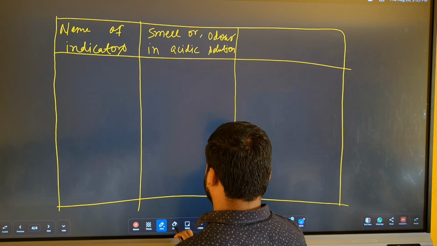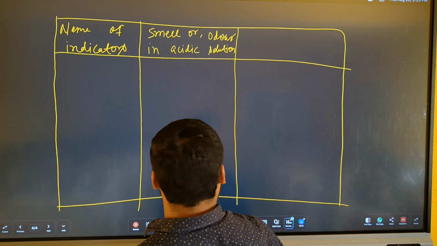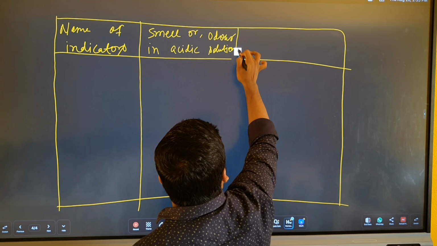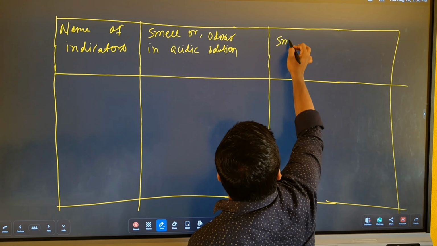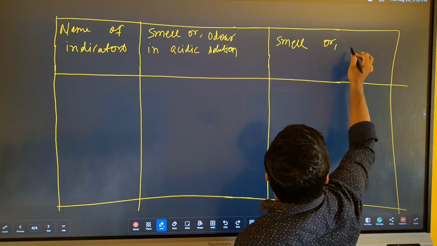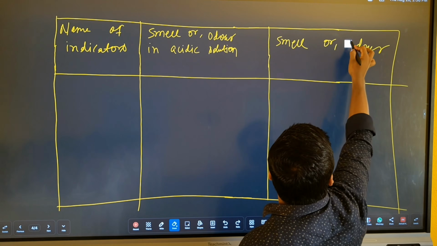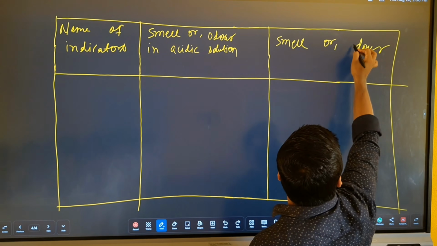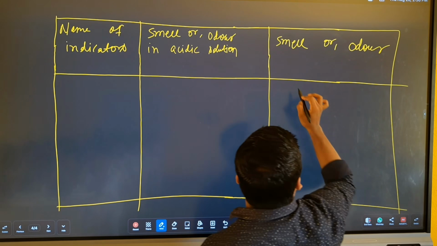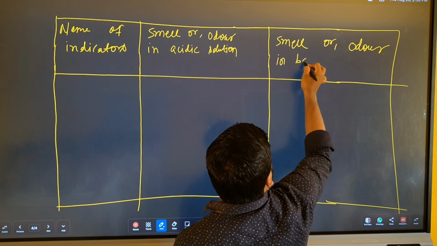And the third one, smell or odor in basic solution.